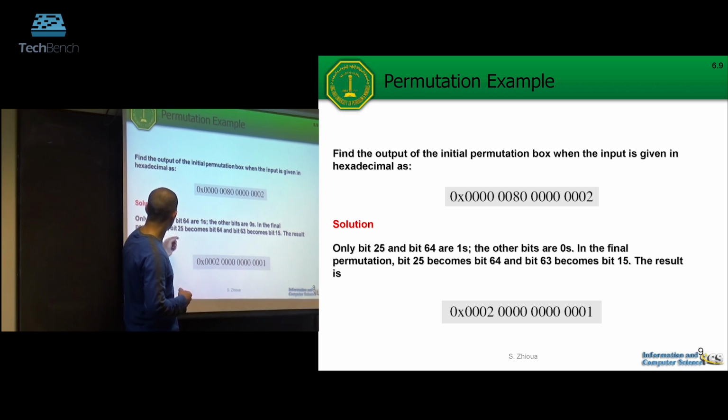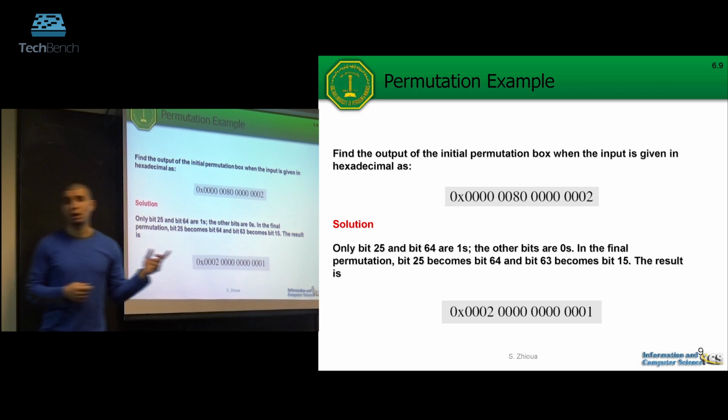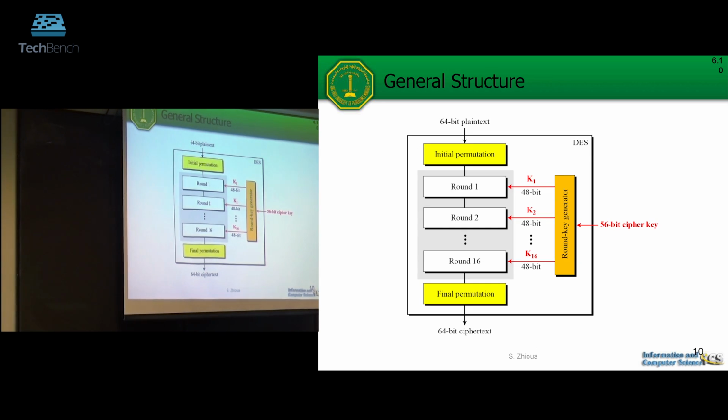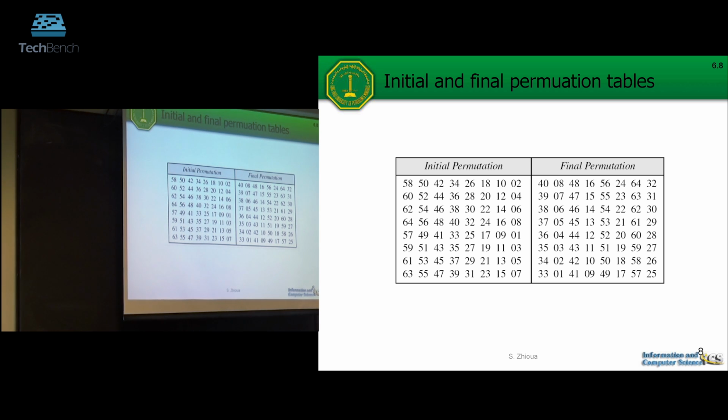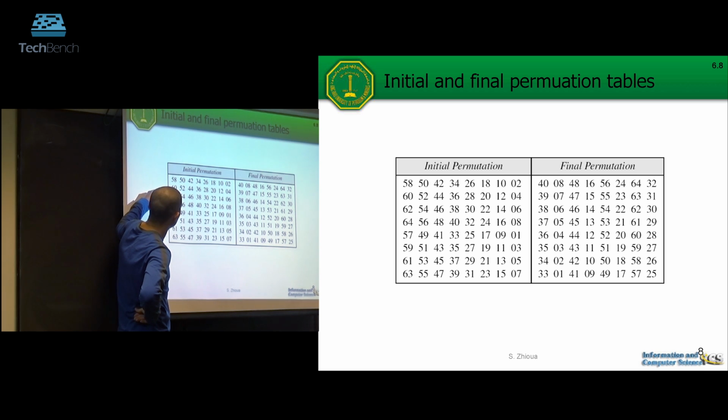Bit 25, which is 1, in the initial permutation, where do we put bit 25?